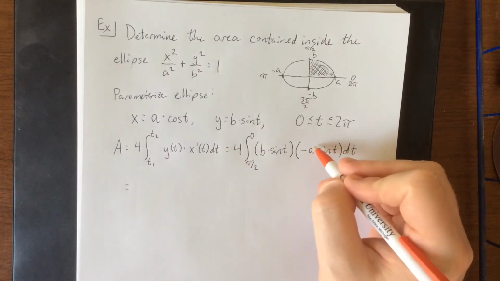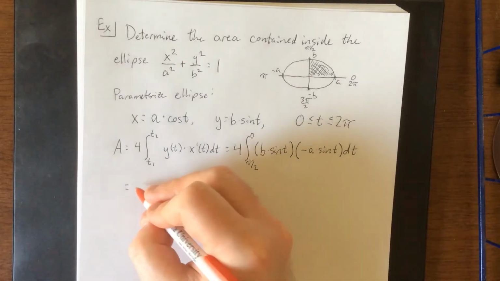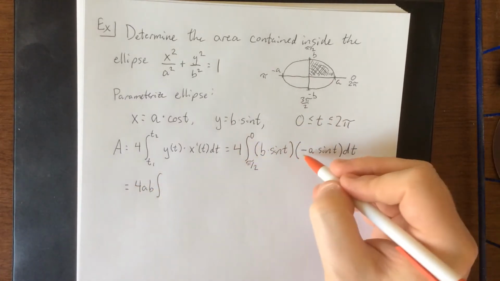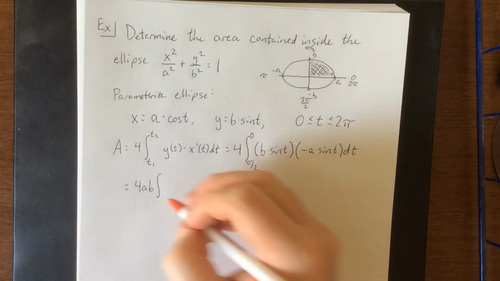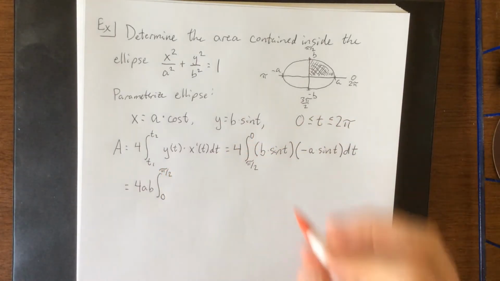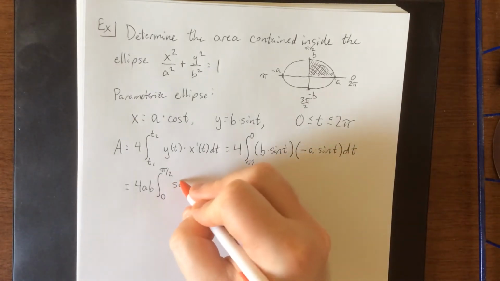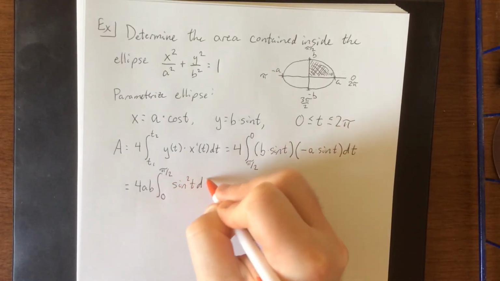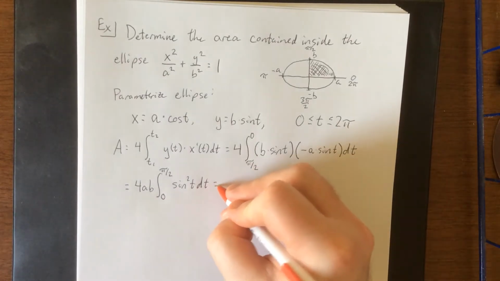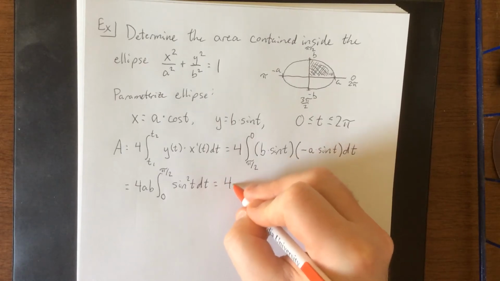We'll take the constant a and the constant b, factor them outside of the integral to get 4ab. We'll use the negative sign to reverse the order of integration, or the bounds as it were, and then we'll be left with the sine squared of t dt. Evaluating this can be done using a power-reducing identity, and let's go ahead and proceed.